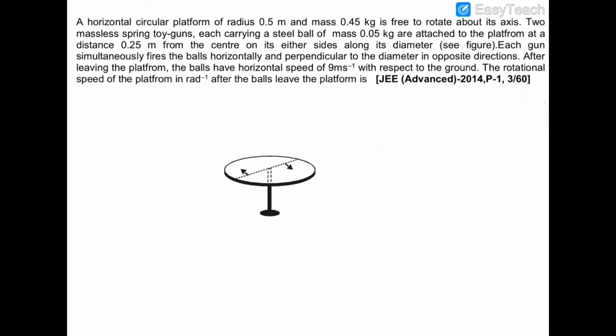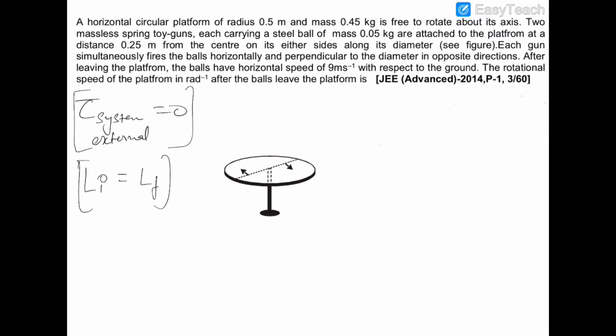So we know first of all that the external torque acting on the system is 0, because no other force externally is creating any torque on the system. So we can balance the initial angular momentum and the final angular momentum of the system.